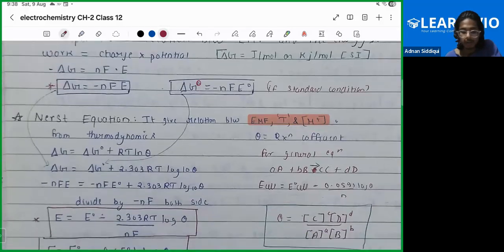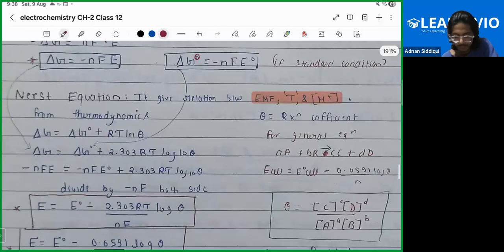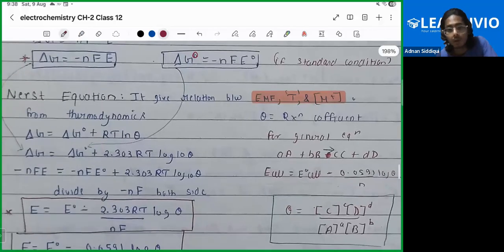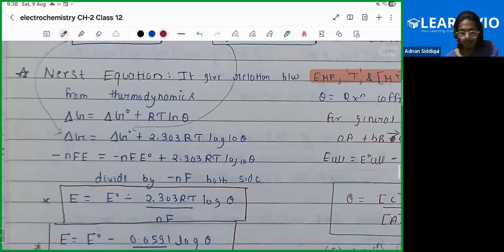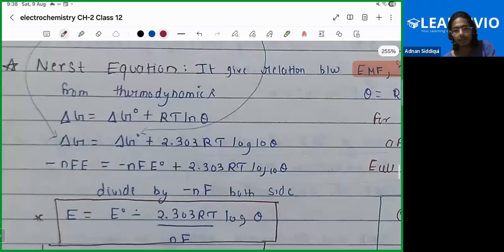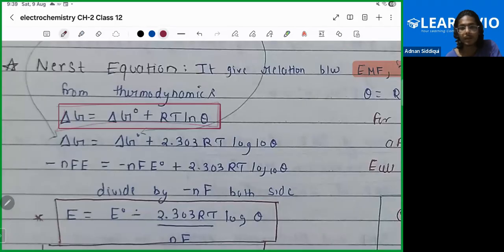So let us derive our Nernst equation. The Nernst equation gives us the relationship between our EMF, temperature, and the concentration of the ions present in our solution or system. From thermodynamics, in your class 11, you must have seen this formula, right?